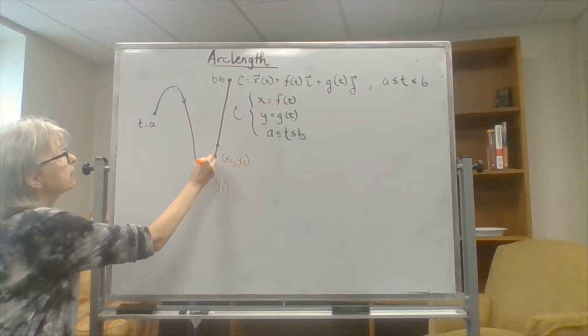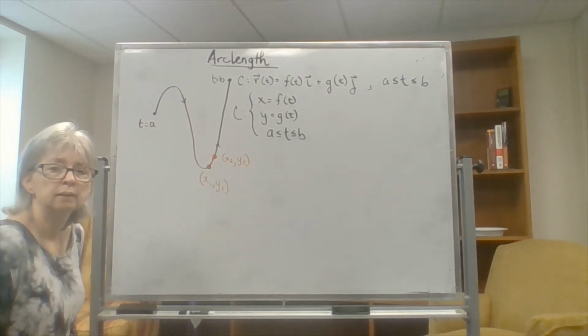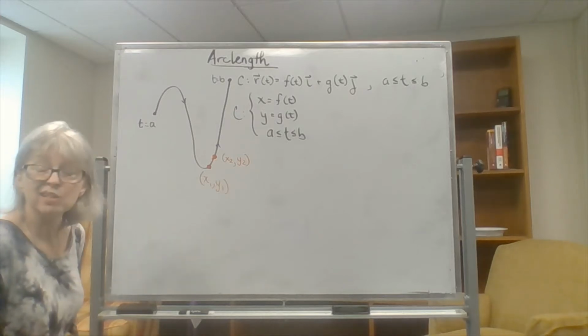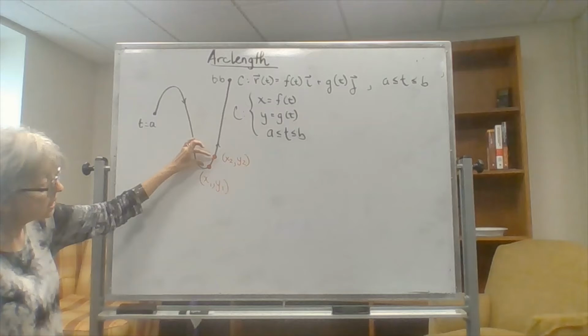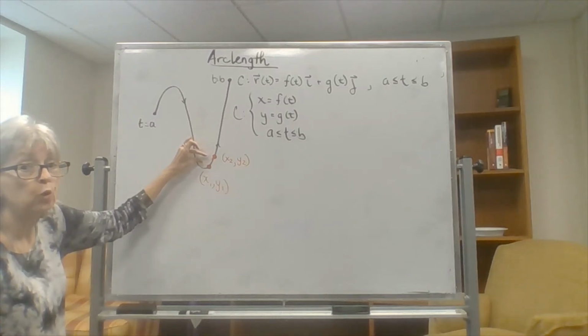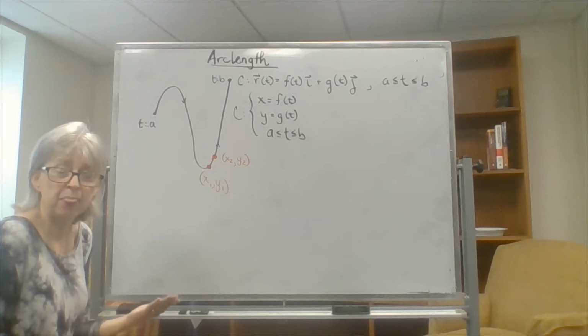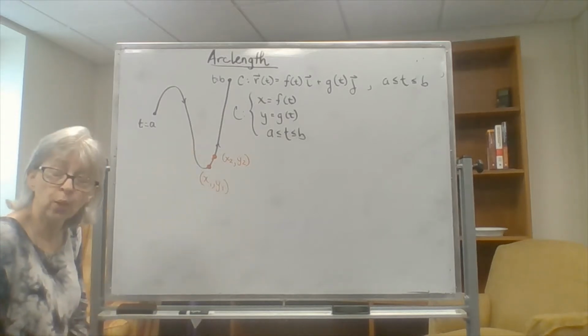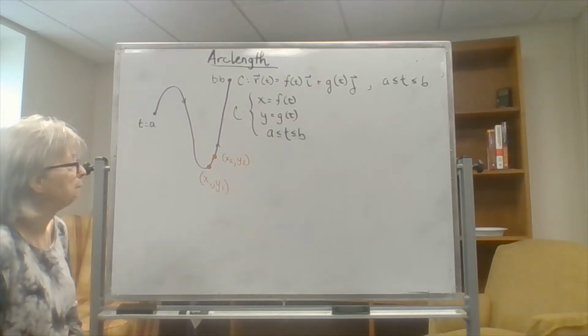If I connect those 2 points with a line, then on this video, that line is almost indistinguishable from my curve. And as I make those 2 points closer and closer together, it is even harder to distinguish between the line that connects 2 points and the curve that wobbles between them.